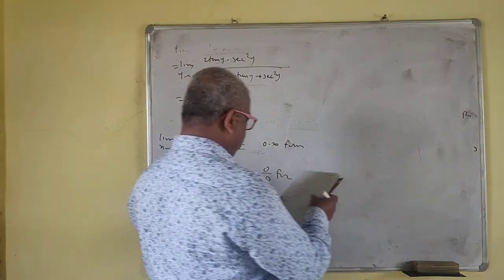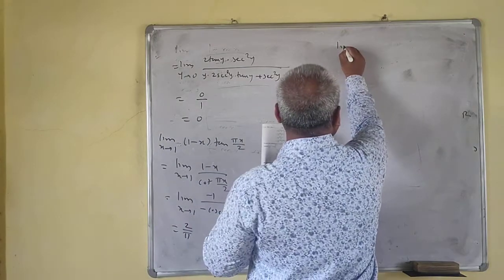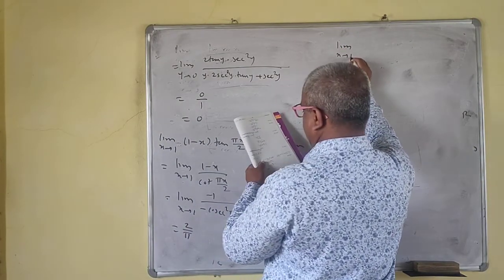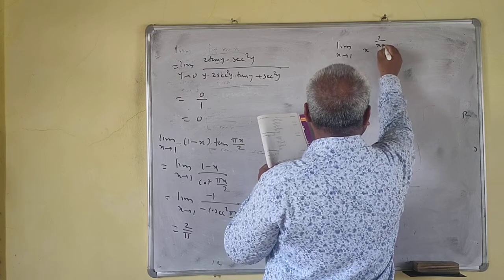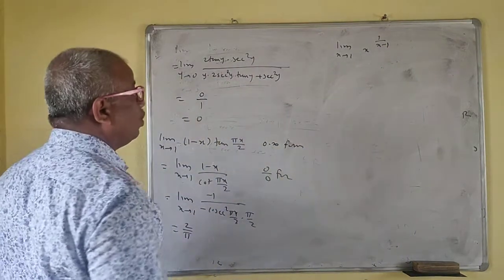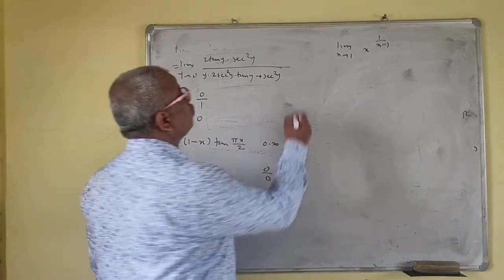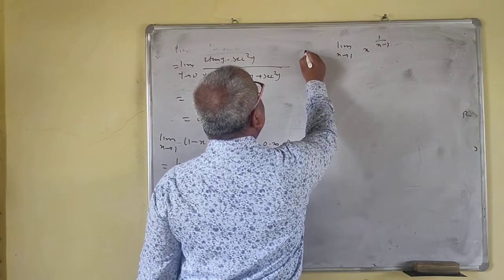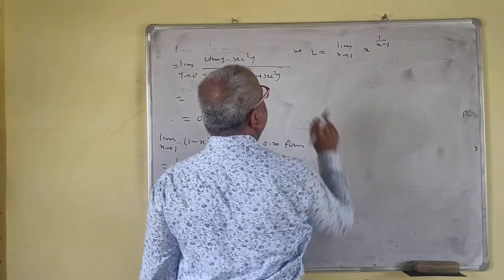Okay, so now we have to evaluate this limit. Limit x tends to 1, such a type of limit now: x to the power 1 upon x minus 1. Okay, so what to do? Solution. Let L be equal to this.